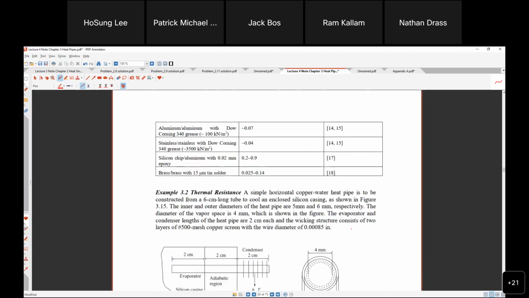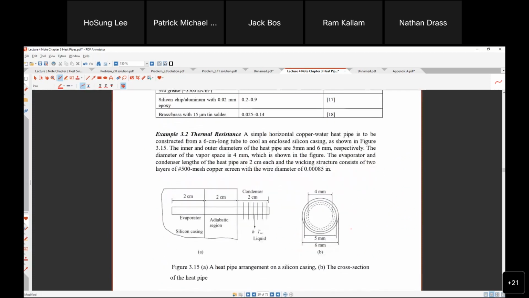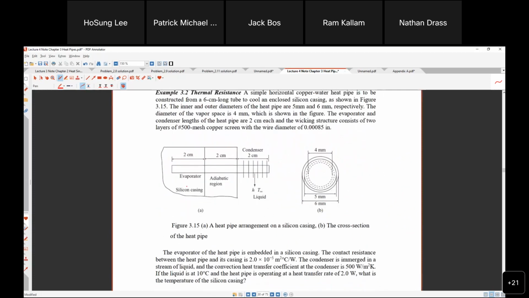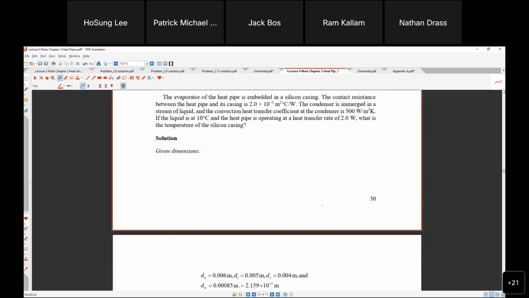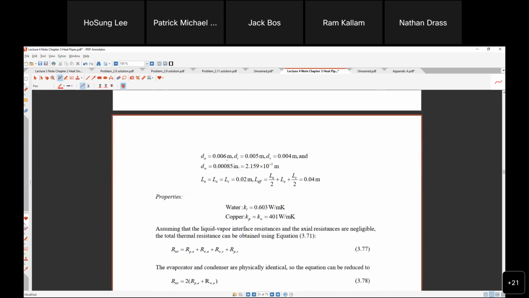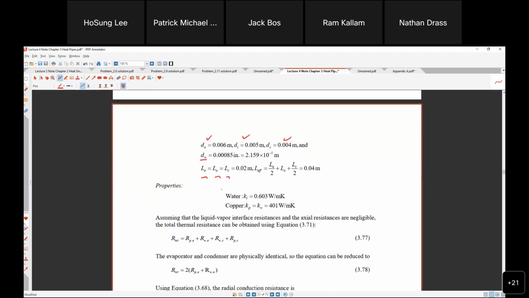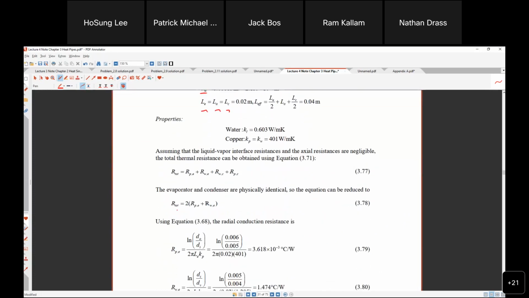So in this example, there is the evaporator, adiabatic, and liquid. Some information, and I got the information and the lengths, and then I'm going to use these, because the pipe is the same.